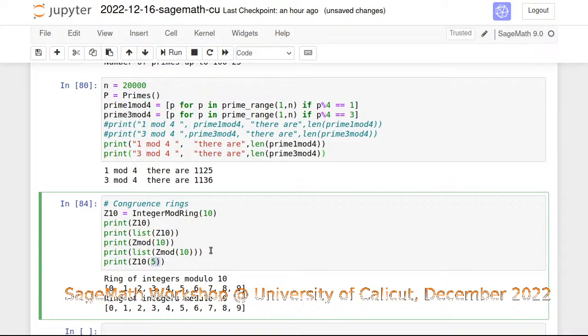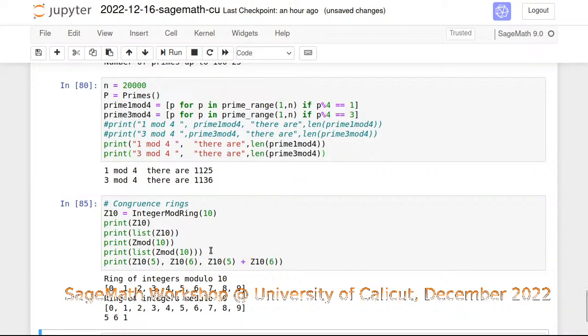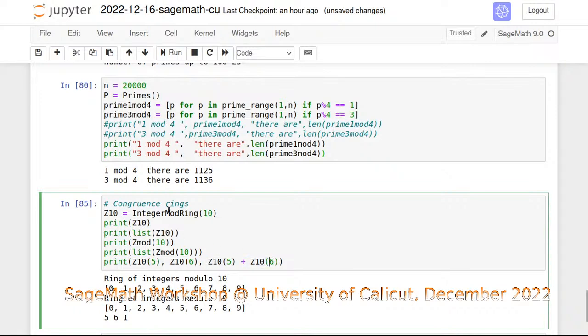Yes, 5 is the 5th element itself. Now summing it, let's see. So 5 and 6 sum is 1. So the integer modulo operation is correct, and multiplication also: 5 into 6 is 30, and therefore that is nothing but 0.